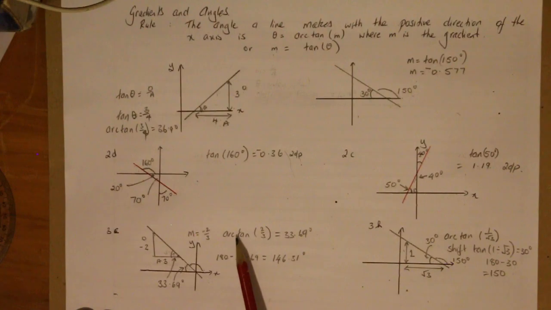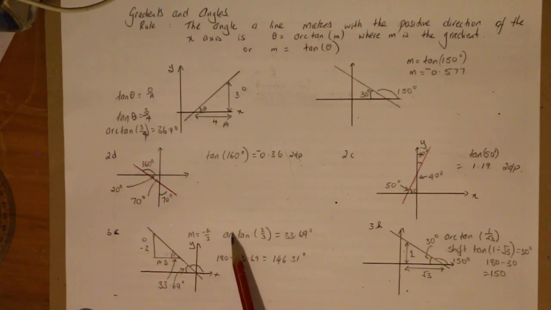So we find the inverse of the tan of 2 over 3, and we get 33.69. This angle here is 33.69. By corresponding angles, this angle here is also 33.69. Angles on a triangle make 180. Get our 180, take away our 33.69, and we have 146.31.